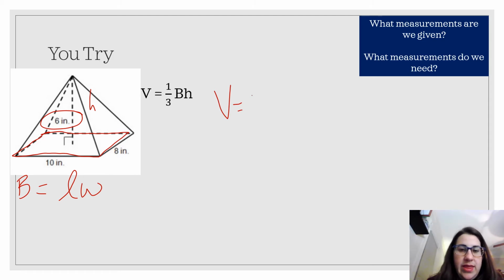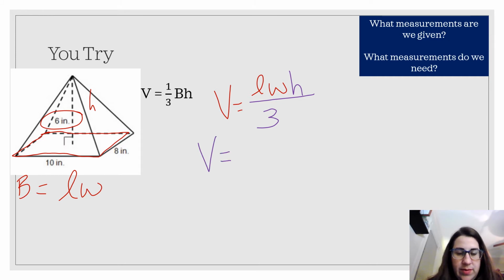So I have length times width times height divided by 3. So length times width was 10 times 8, and then my height was 6 divided by 3.